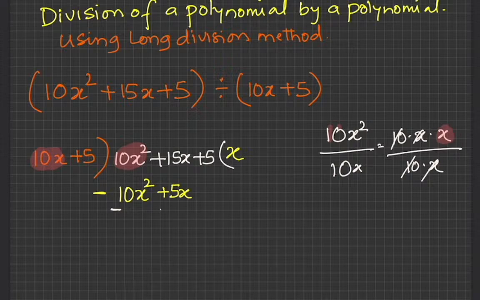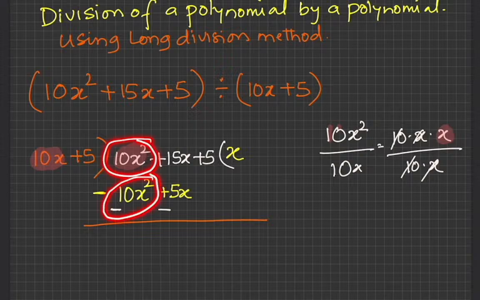So now that's going to become a negative 5x. So now let's subtract. So 10x squared is positive over here, and now I have a negative 10x squared. Correct? And now these two will cancel out.